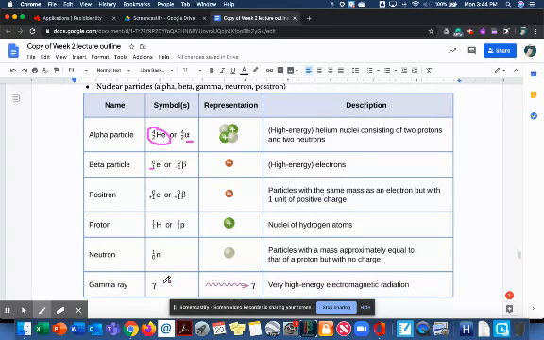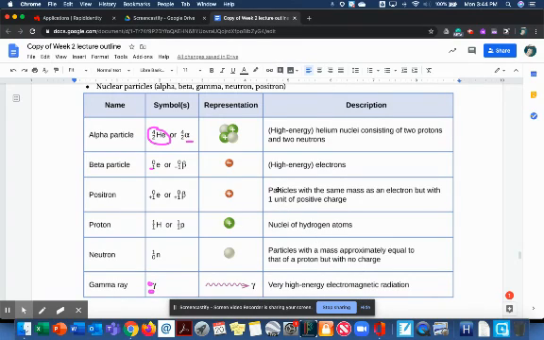Gamma rays are electromagnetic radiation, and so gamma radiation is just the Greek letter gamma. You might see it with zeros for the mass number and the atomic number, but these are really high energy photons. They are able to penetrate quite a bit, and so the penetrating ability for these different types of particles that are produced as nuclei decay, they do have different energy, and the idea of nuclear shielding is you want something dense enough to block them, and the more energy they have, the more difficult they are going to be to block.